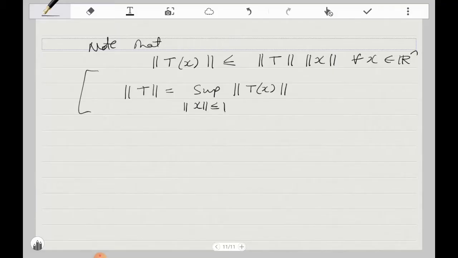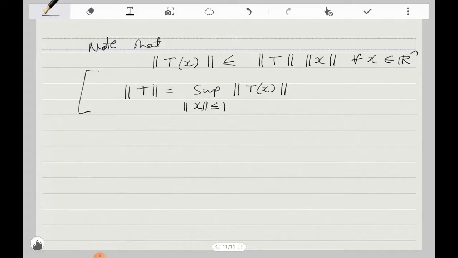The only thing is that here on the right hand side I have to insist that norm x is less than or equal to 1 for this to even make sense. Actually, there's another issue which I didn't address. I'll come to that in a second.